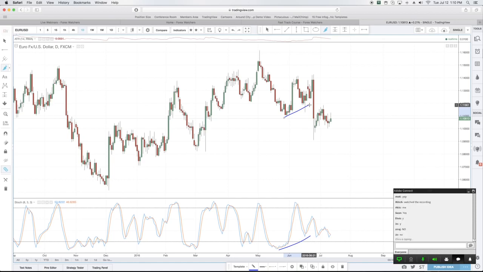No. What about this? So now it's a divergence, right? So it wasn't a divergence on the first pullback, but on the second major pullback, it does become a divergence.